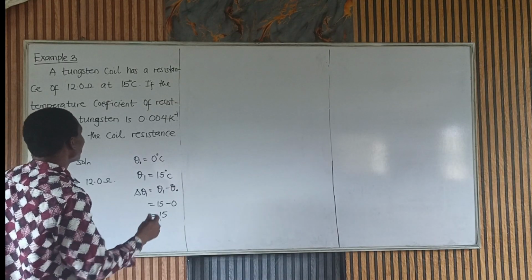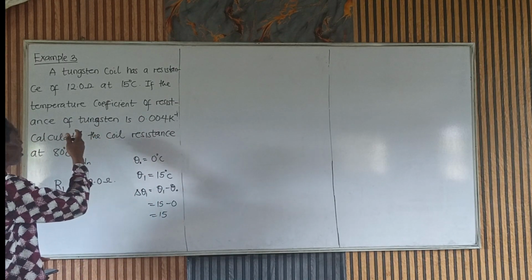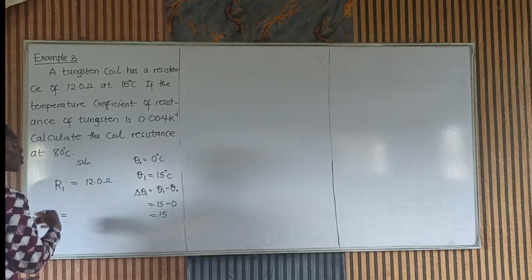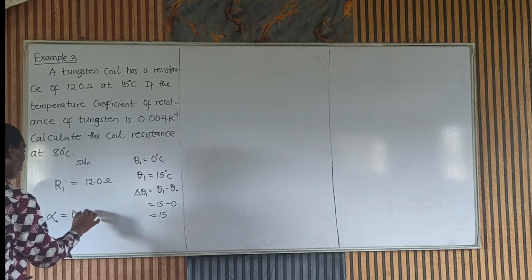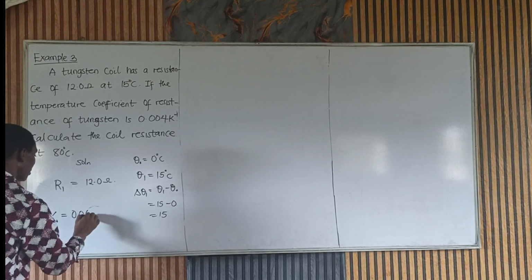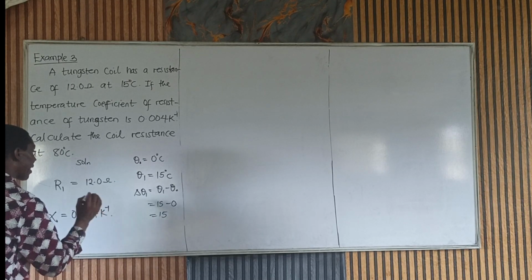Again, we are given, if the temperature coefficient of resistance of tungsten is, that's alpha naught, or you say alpha, 0.004 per Kelvin.